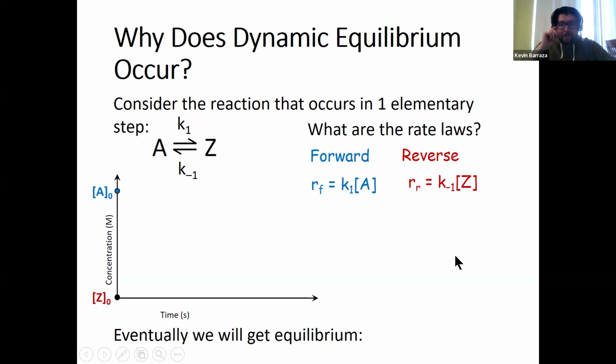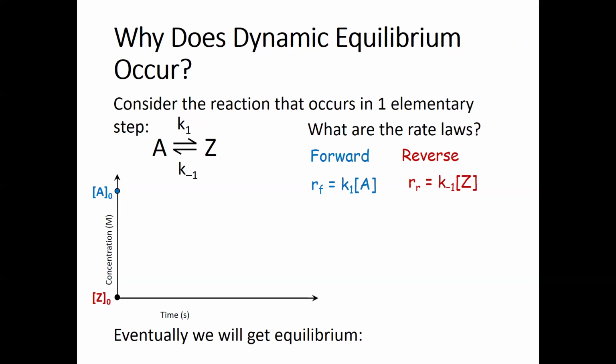Now, quick review. If these are our rate laws, which they are, then what type of order do we have for these processes? Is it first order? It's first order. Yes, it's first order.